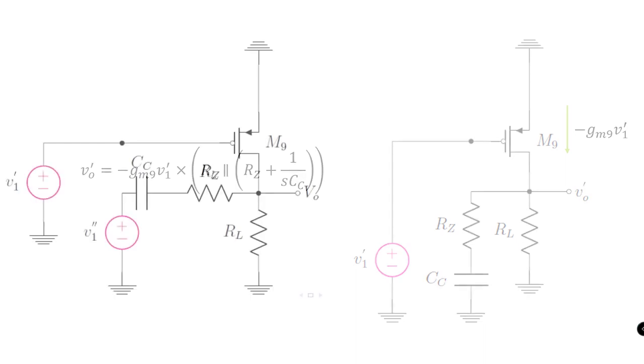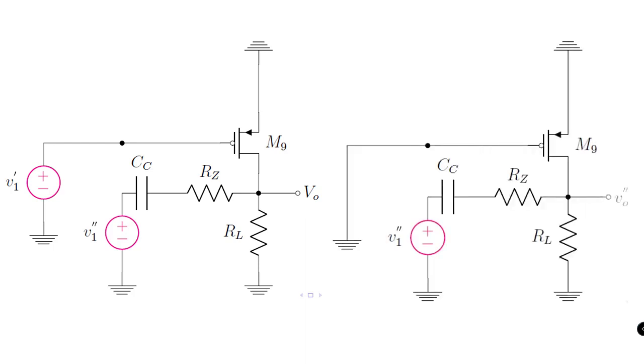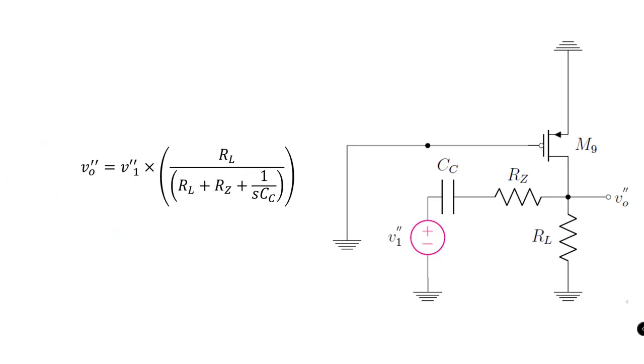Now let's analyze the output response with V1 double prime potential alone. And one can easily evaluate the output voltage by making use of the simple voltage divider principle, and that results in an output expression as shown here.